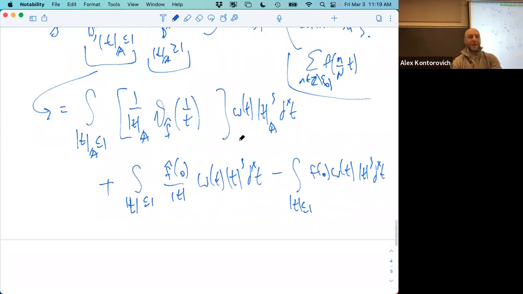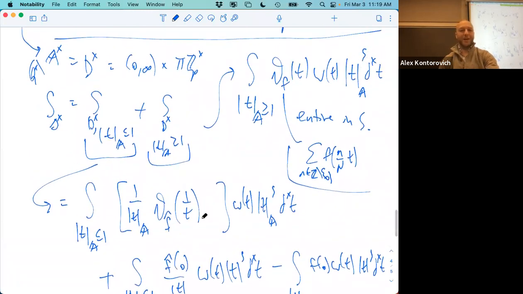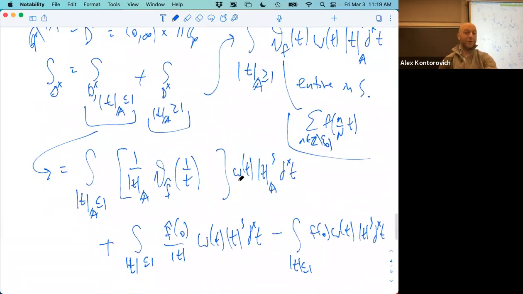On this side, we get the same thing with s replaced by 1 minus s, after a change of variables. T goes to 1 over t, so omega becomes omega bar, and that's that character.